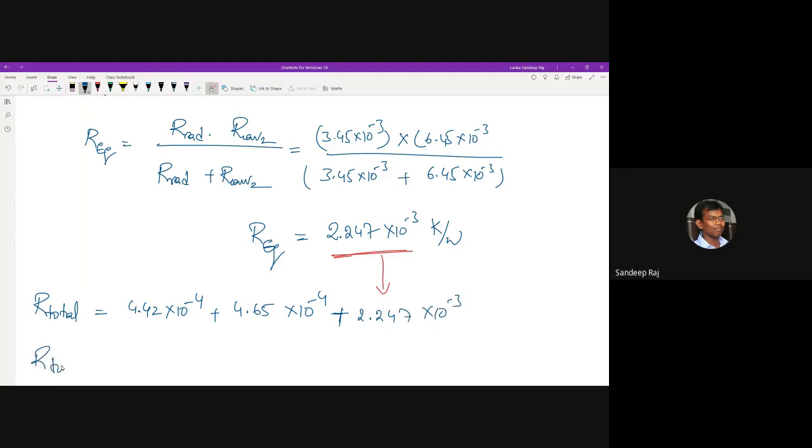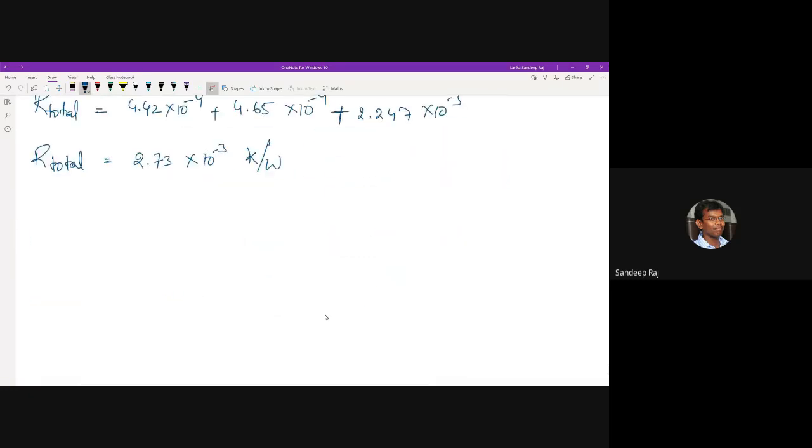So now tell me what is R total? 2.732 into 10 to the power of minus 3 Kelvin per watt. Good. So now what you need is Q actually.